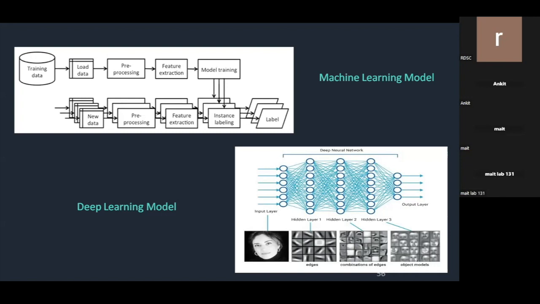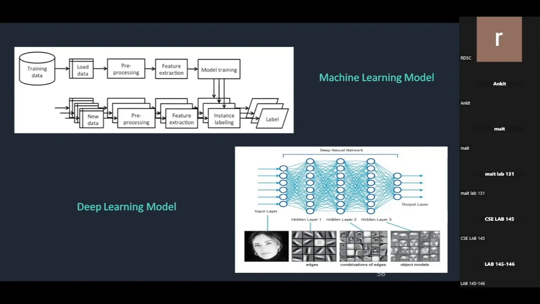While if you check out the lower image, we have the deep learning model where we have the input layer, input neurons, and there are multiple hidden layers between the input and the output.